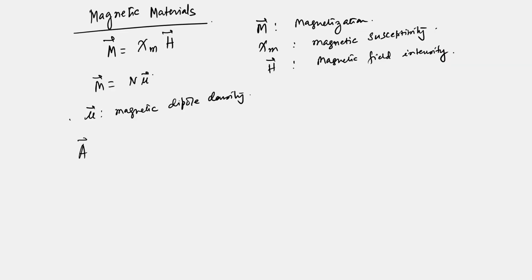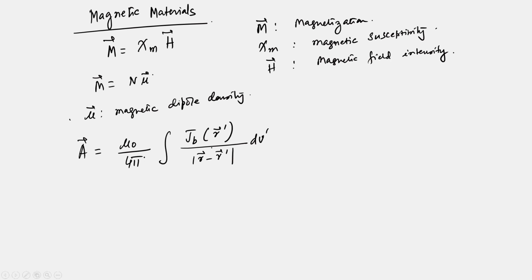We can ignore the derivation of that, but let me write this as A is equal to mu 0 over 4 pi times the integral of J B of r prime divided by script r, dv prime, where script r is r minus r prime.